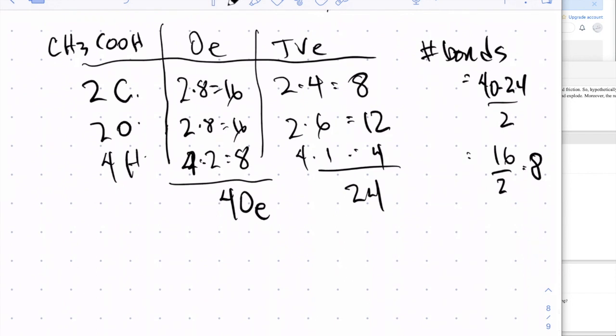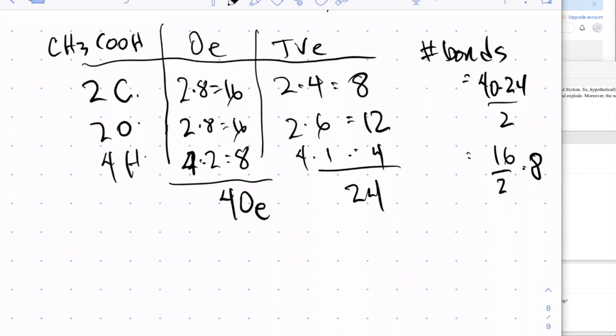Let's see. So, if that's the case, let me just double check here. 2 times 8 is 16. 16, that's 32, that's 40.